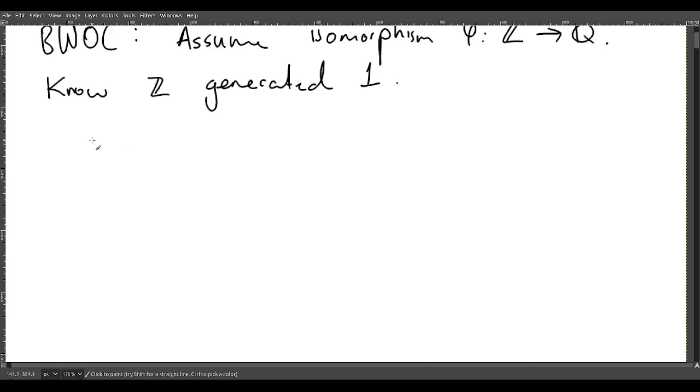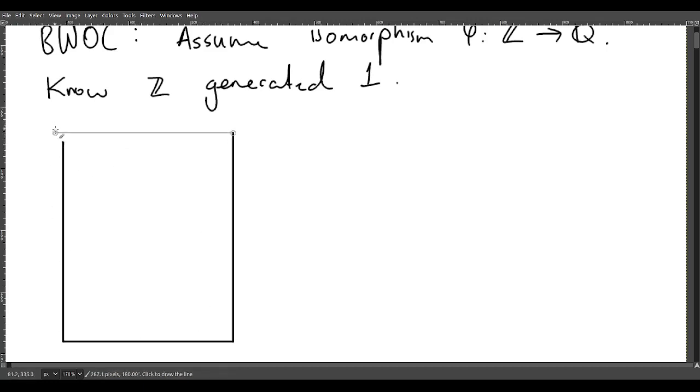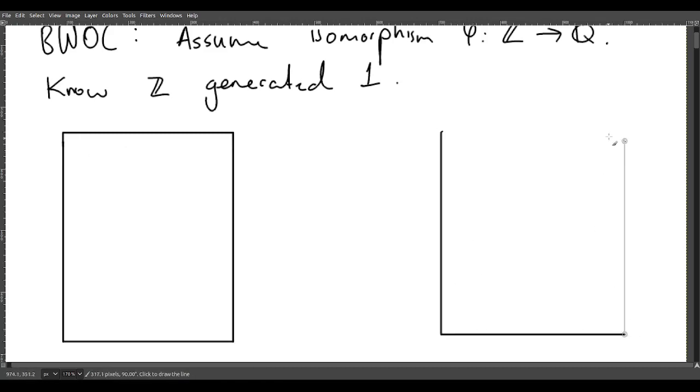Right, and so let me draw the little diagram. We have our integers, and this can be our rational numbers.